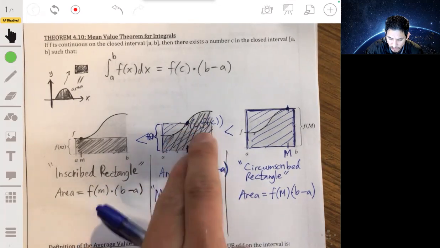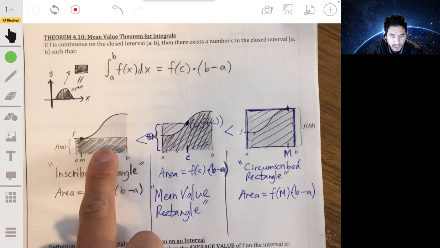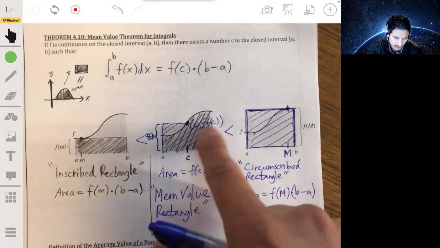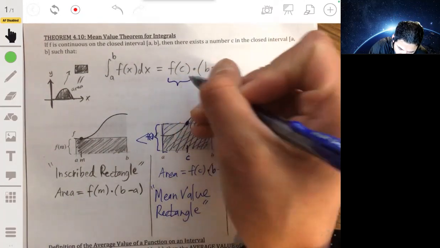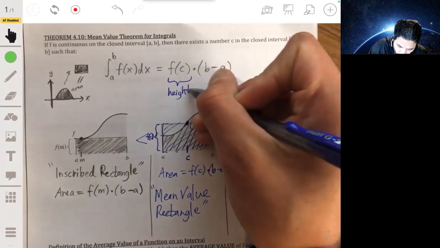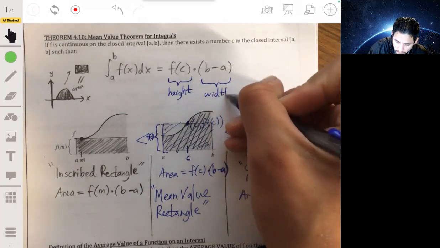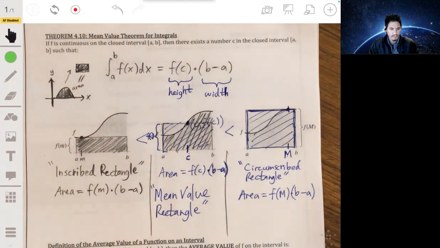So you can find some rectangle that's going to be between the size of this one and the size of the largest one that will have the same area as the integral. So this is simply the height of that rectangle, and this is just the width. That's all that's saying.